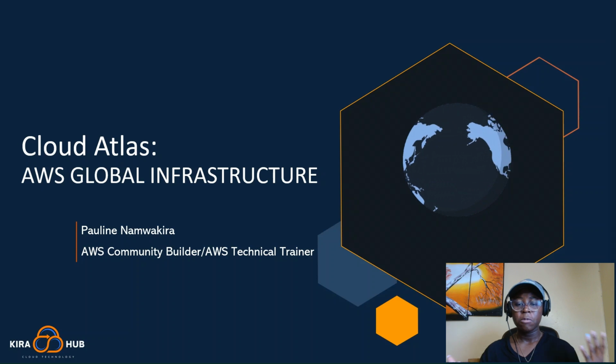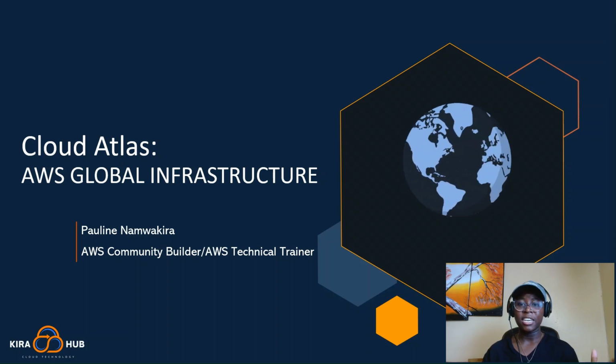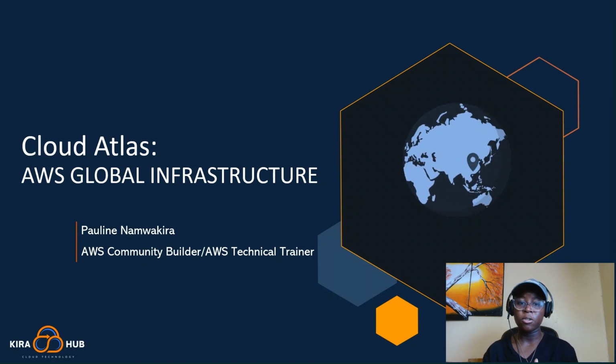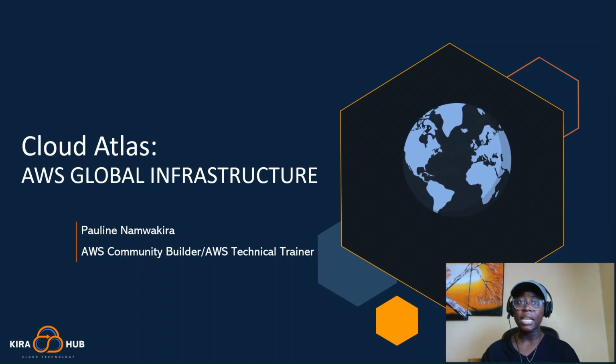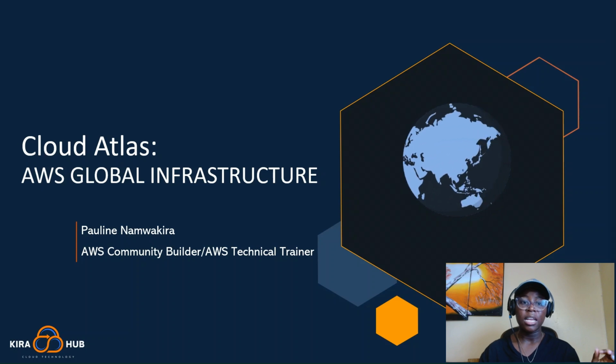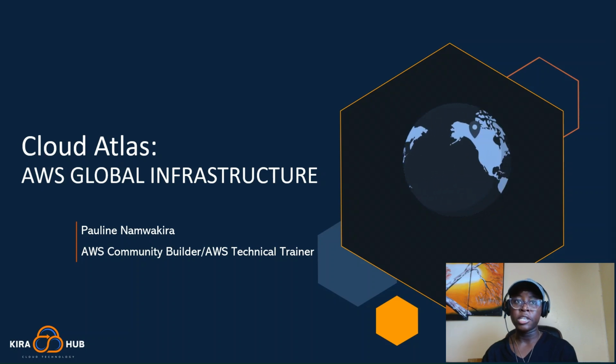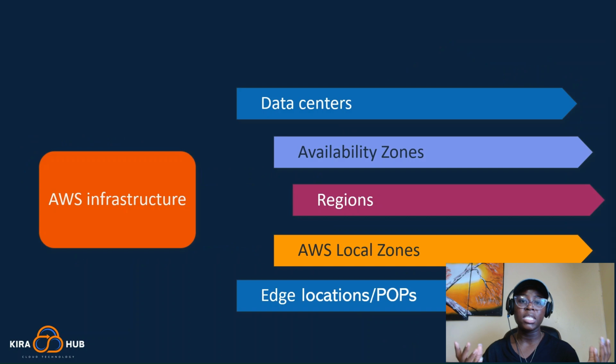Some of the questions you might be asking yourself after we did an introduction to cloud computing and said what is AWS: but where is AWS in this case? That's where the AWS Global Infrastructure comes in. Some of the topics we'll be discussing today are data centers, which I already did an intro to, but just a repetition, and some new concepts like what are availability zones?